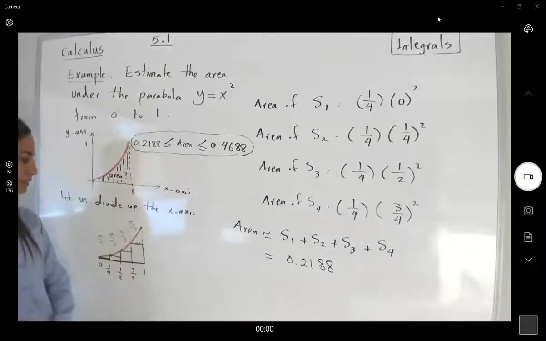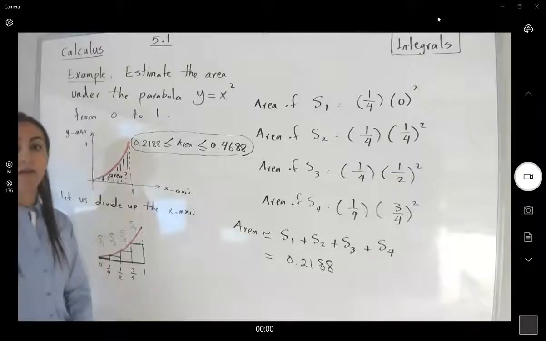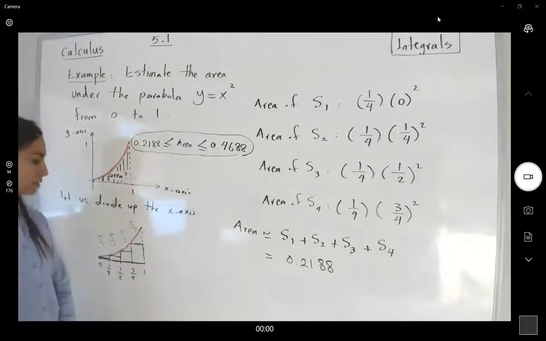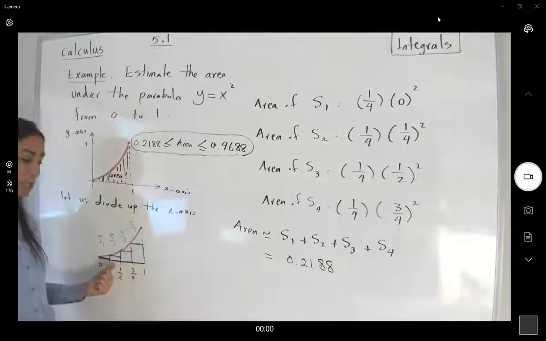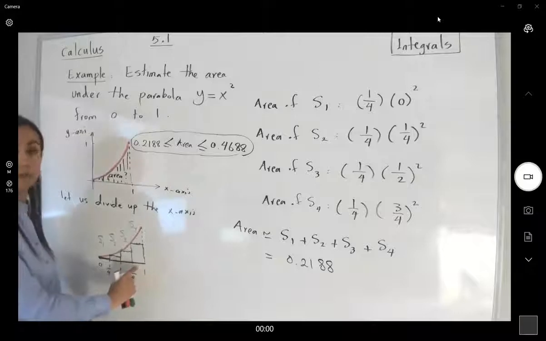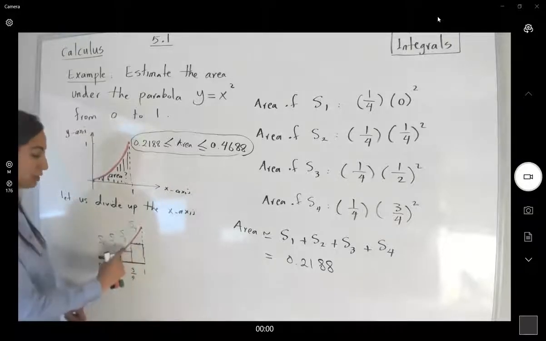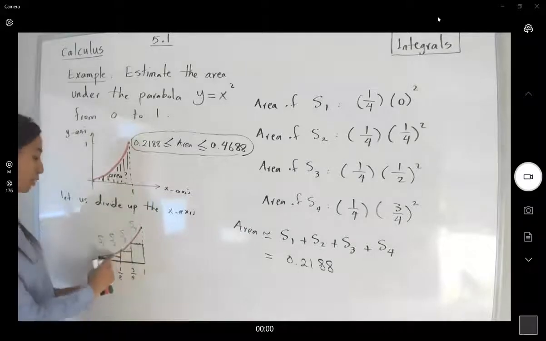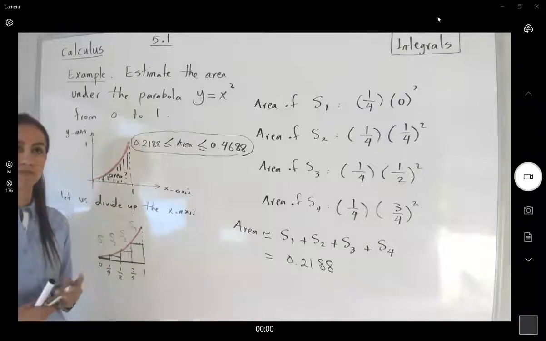Well, what they say is instead of taking smaller areas or larger areas, we can take the midpoints here between 3/4 and 1. We can find the midpoint and find the y value, then find the midpoint, find the y value, midpoint, y value, and then add those up together.